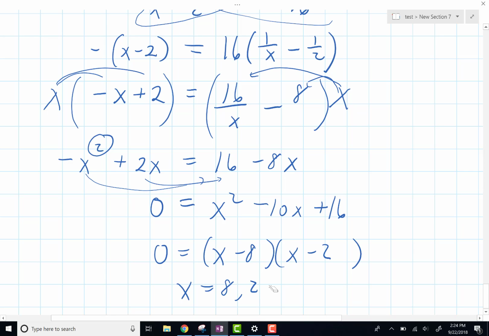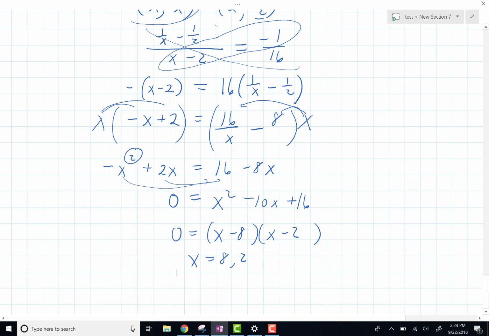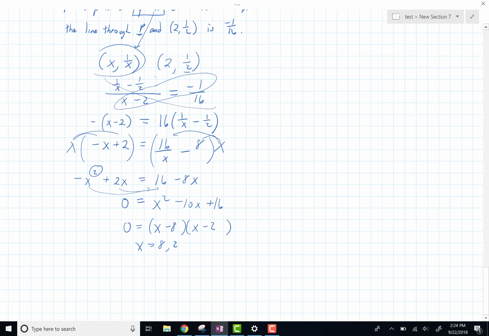Maybe there are extraneous solutions. So I have to check to make sure none of these made a denominator 0. So let me take a look. An 8 and a 2, they're not going to affect that denominator, I think, but that 2 would make that denominator equal 0.